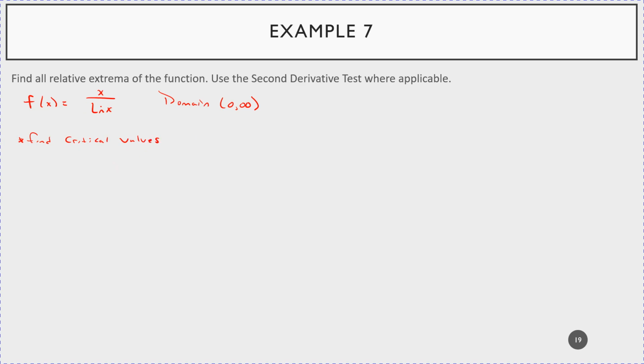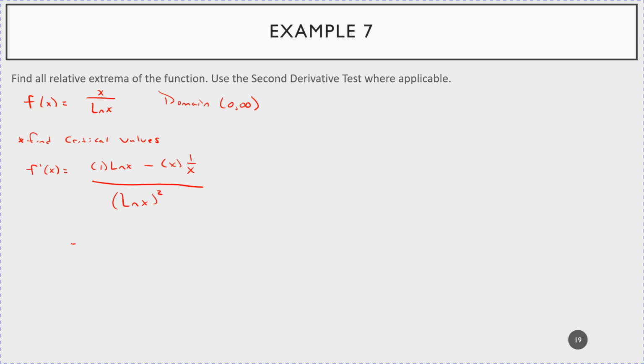So to find the first derivative, you're going to have to use the quotient rule. All right, so f prime of x is the derivative of the numerator, which is 1, times ln of x, minus x times the derivative of ln of x, which we know is just 1 over x, all over ln of x squared.